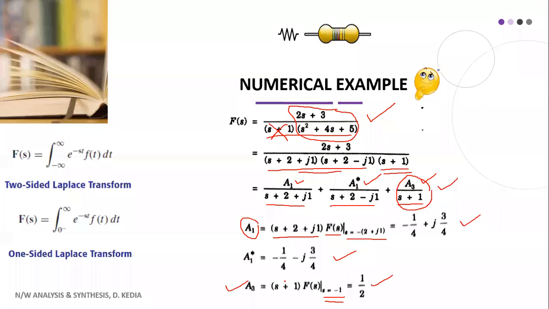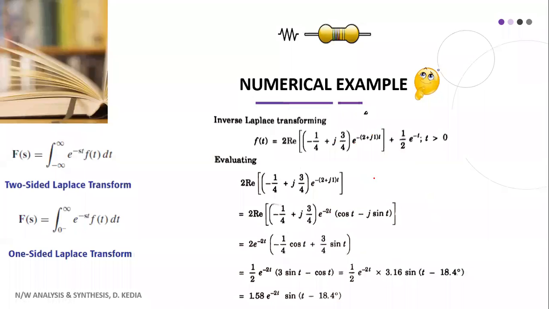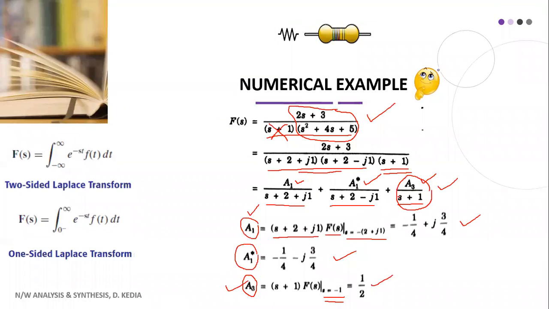Okay, so what we have obtained: we have obtained a1, we have obtained a1 star, we have obtained a3. All three constants we have determined. So let us substitute these things. a3 by s plus 1, so a3 is 1 by 2, so it will be 1 by 2.